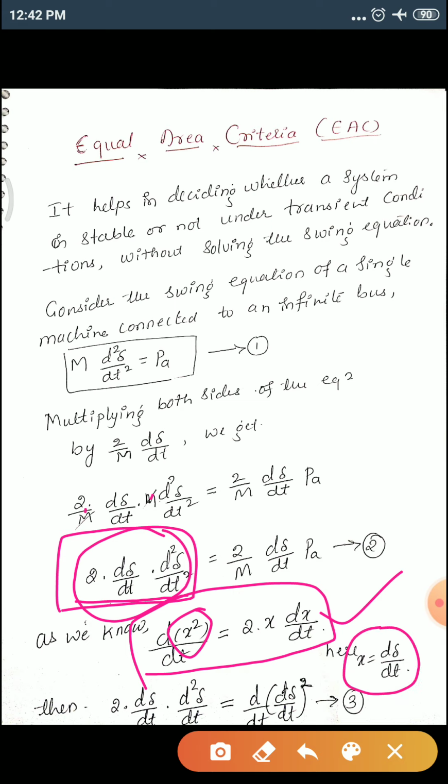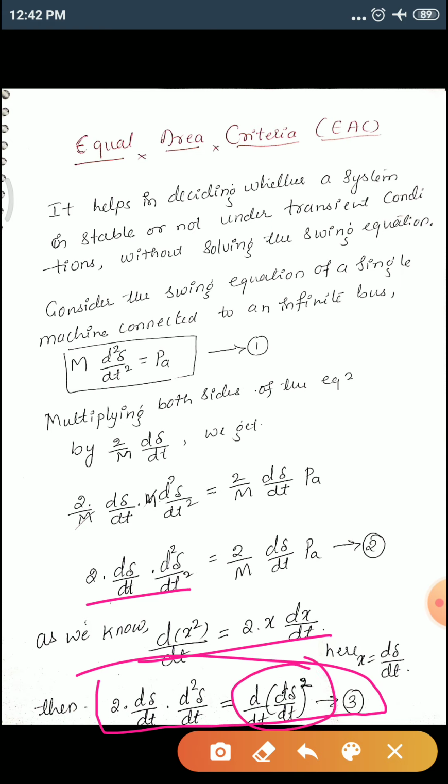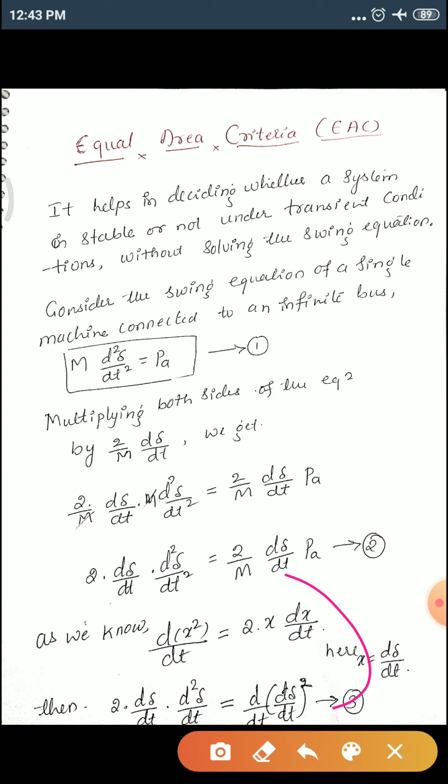Then 2x dx by dt is nothing but 2 d delta by dt into d square delta by dt square. Comparing these two, we can write 2 into d delta by dt into d square delta by dt square as the differentiation of d delta by dt whole square.